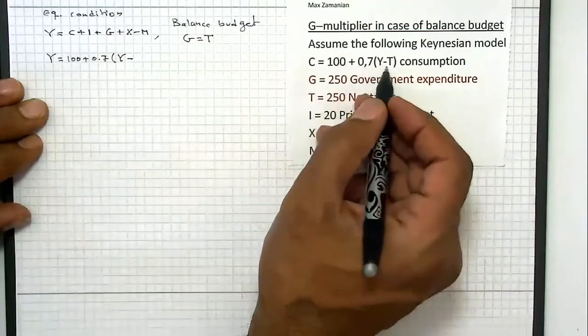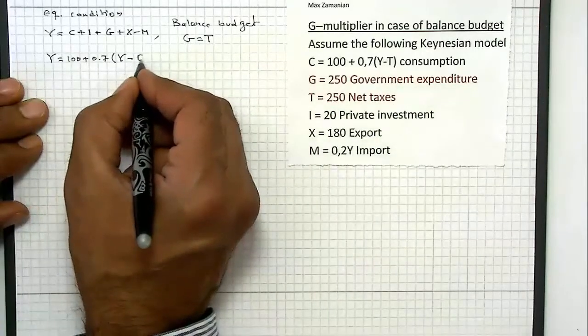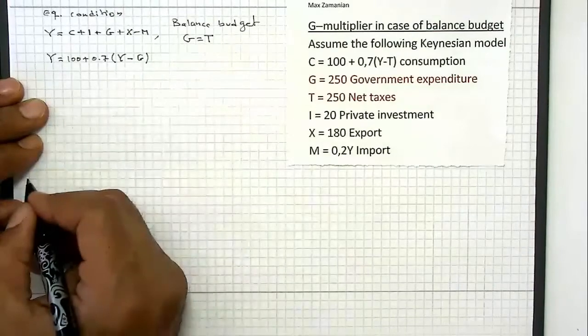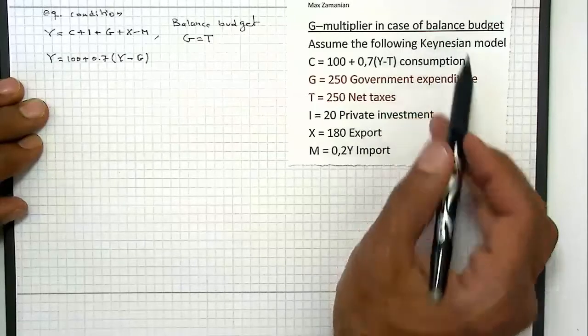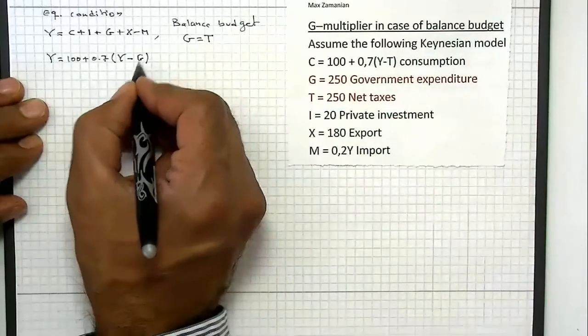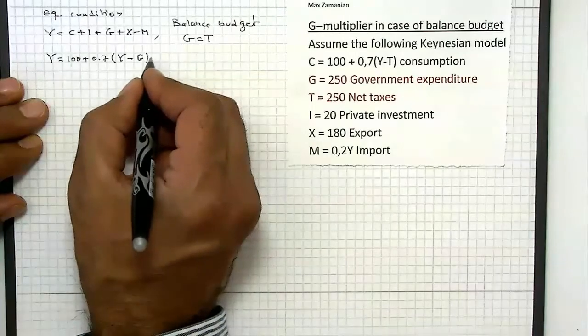So instead of T, I put G because they are equal. This is actually the key to derive the G-multiplier in case of a balanced budget. So you replace T with G because they are equal anyway.